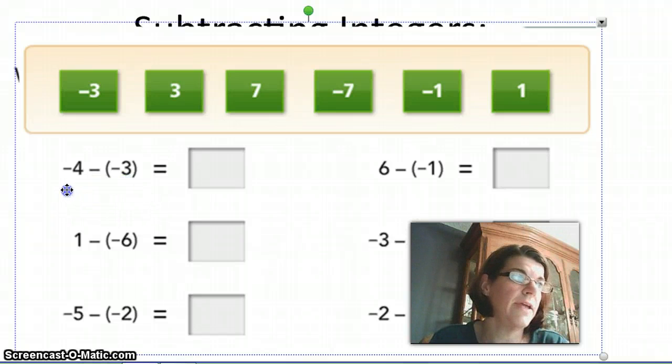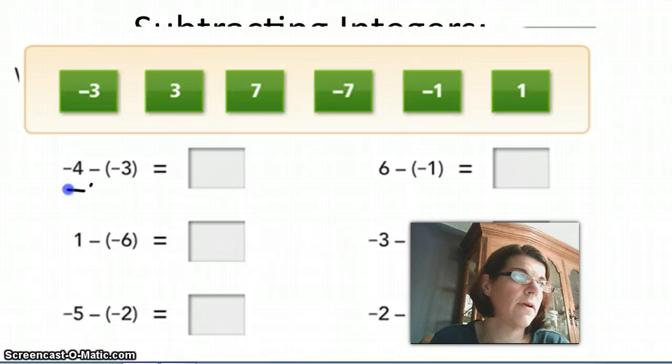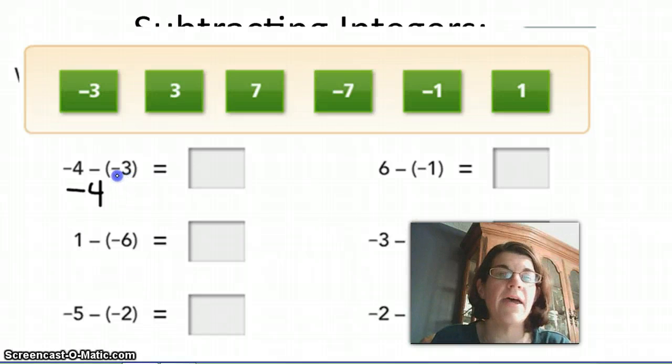So we have negative 4. If you're going to take away a negative, let's think about what that means. If you're taking away a negative, then it's like you're giving it back. So instead of taking away 3, we're taking away a debt.